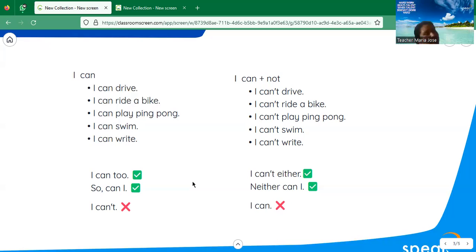Excellent. Now give me another example with an affirmative. Maria Jose? I can ride a bike. Okay. What do you say to that, Francisco? So can I. All right. And you, Alex? I can too. Excellent.